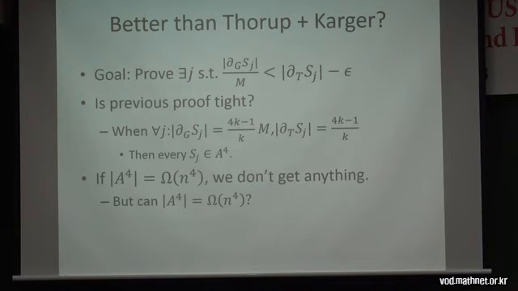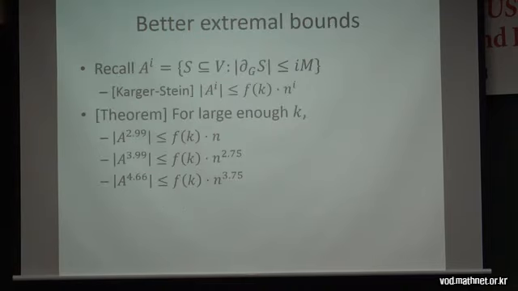But the question is: can A4 be really that big? Here come our better extremal bounds, in some sense. Recall that Ai was defined like this, and the previous bound we got from Karger-Stein only ensures that Ai is at most n to the i.